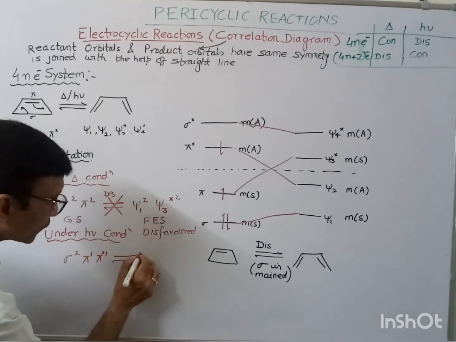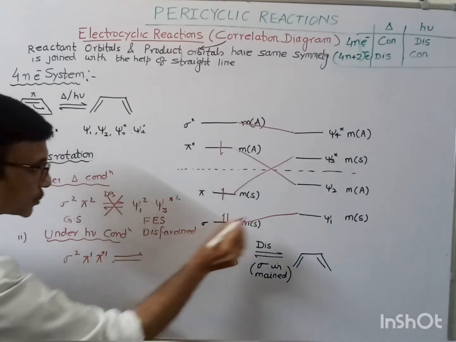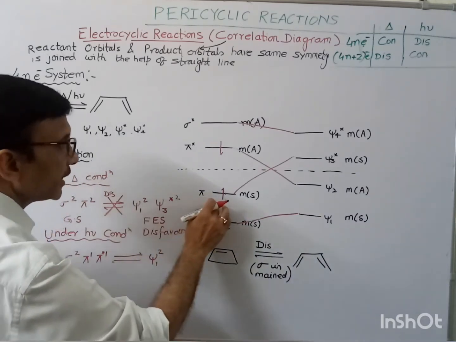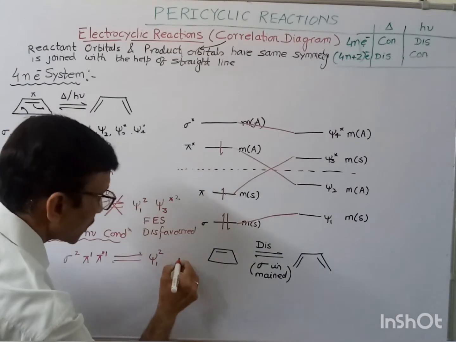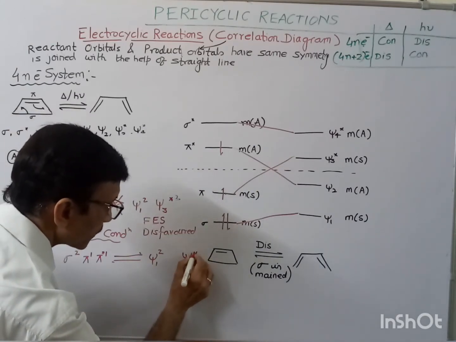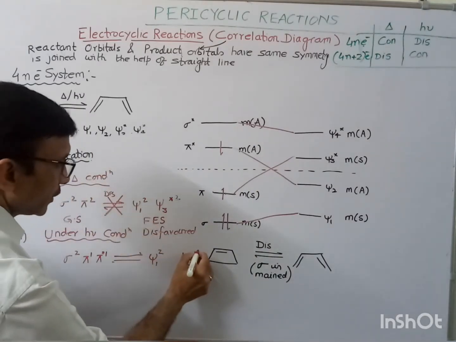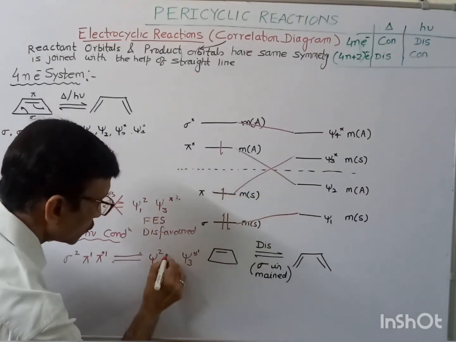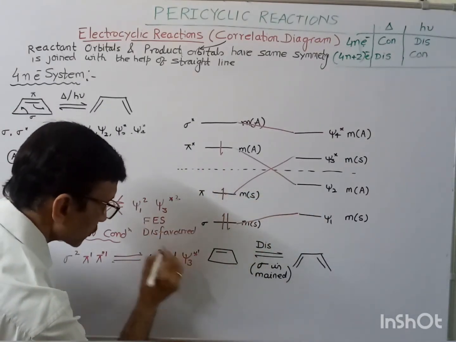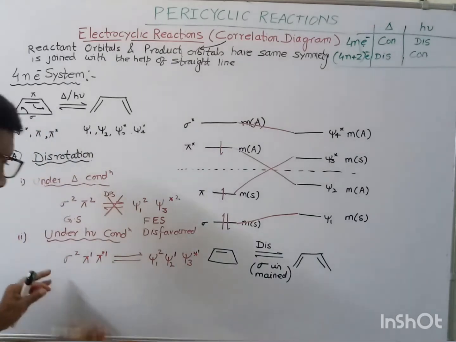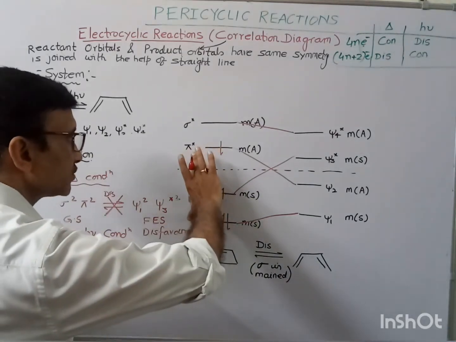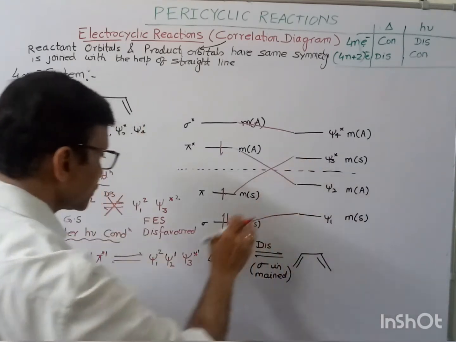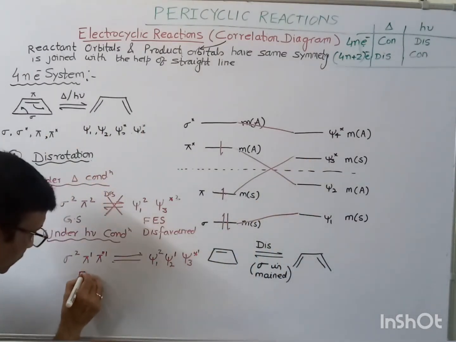Now this sigma electron is going into psi 1, the pi electron is going into psi 3 star, and the pi star electron is going into psi 2. So this is our first excited state, and the psi 3 electron going into psi 3 star is also the first excited state.